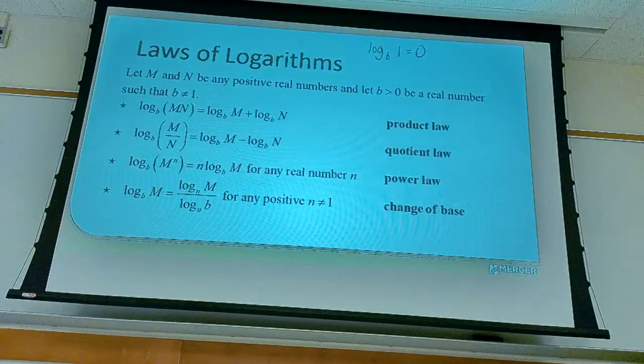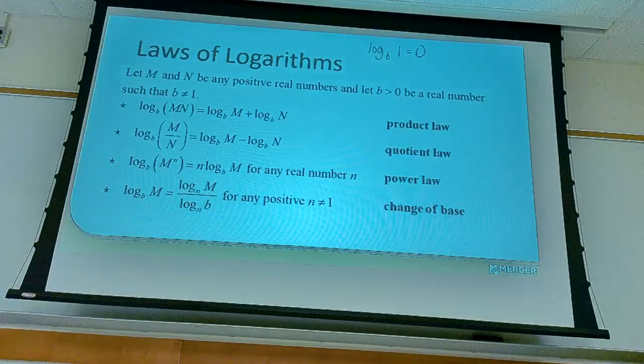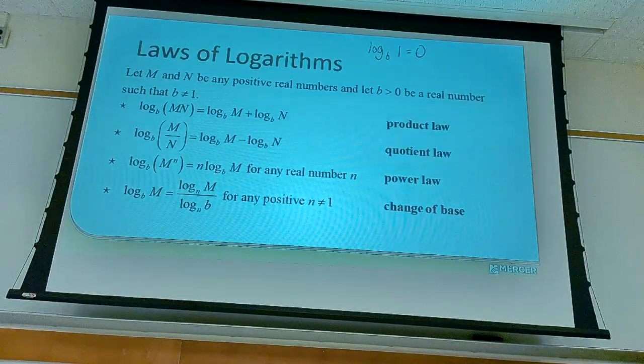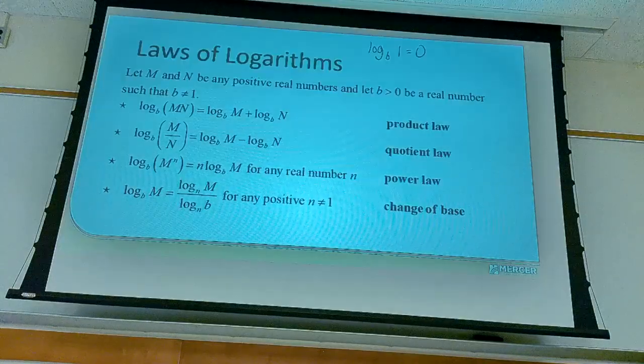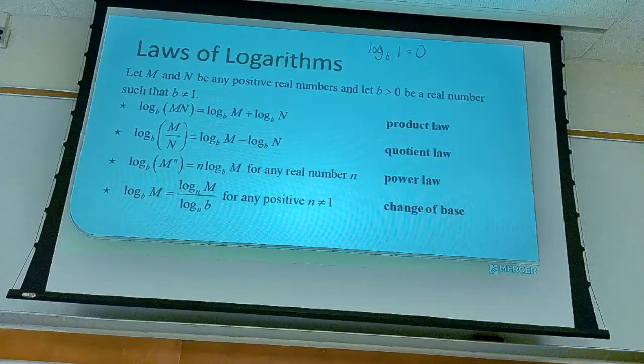And that you should have been able to find from when we looked at the graphs last time. It always crosses the x-intercept at 1. So log of 1 is 0. And the second one, again, is fairly obvious. This just comes directly from the definition of logarithm.